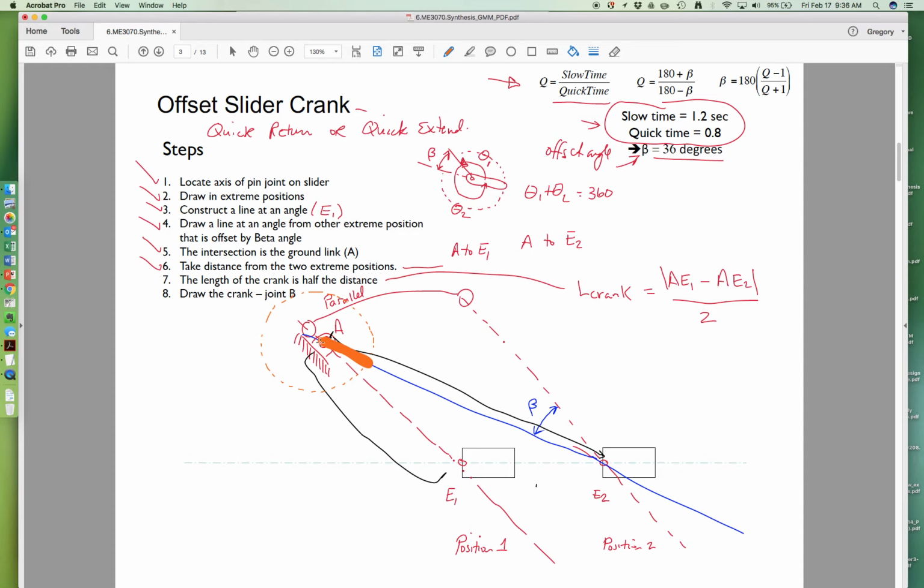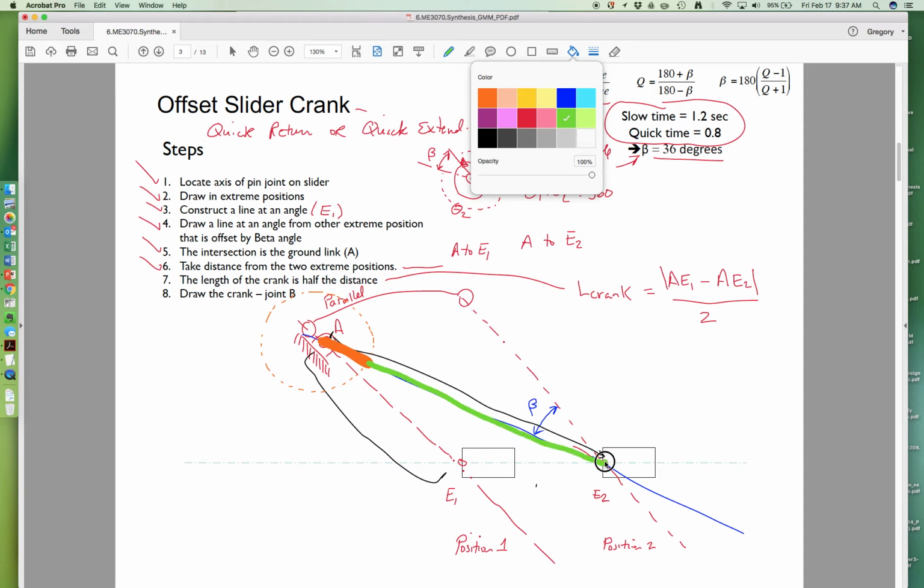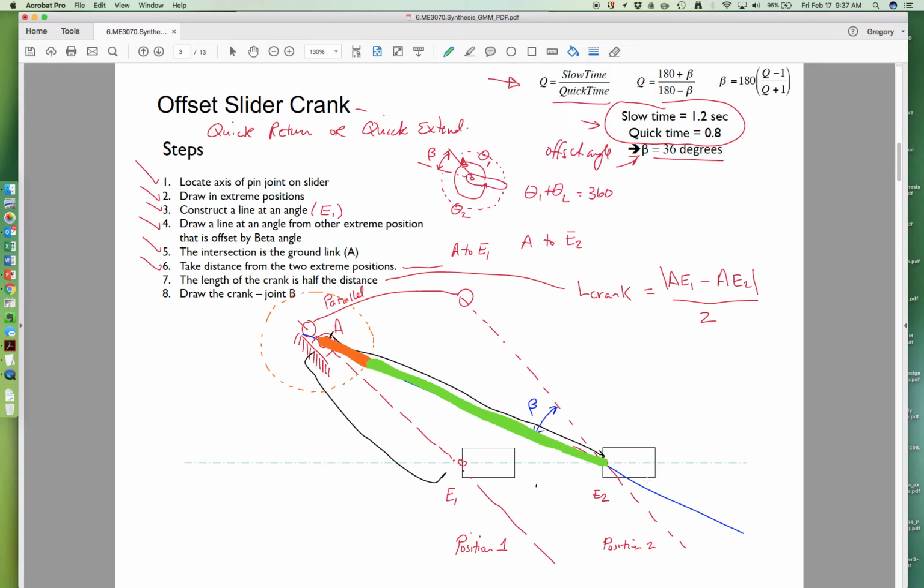And so position 1 is going to be the crank, and then the second link that's drawn is going to be the coupler. Okay. So that's in the extended position. So link 2 and link 3 are in line with each other. Okay, and that's one position.